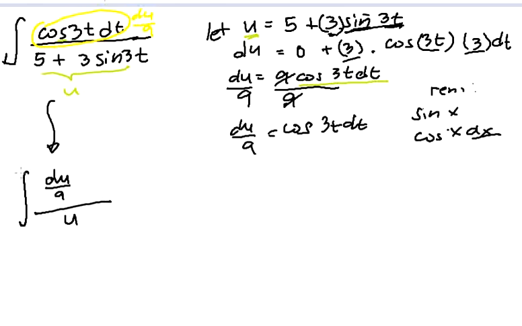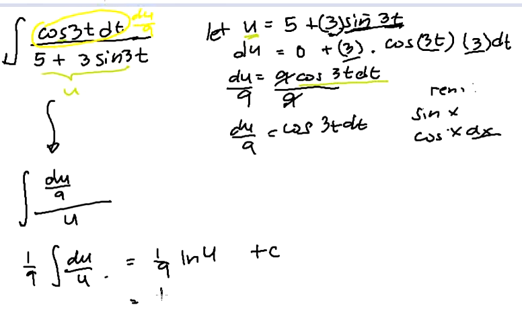Let us now simplify this by taking the 1 over 9 outside the integral sign. So we have left here the du over u. Then we can now easily take the integral of du over u. The formula is the logarithmic function. So we have 1 over 9 ln of u plus c.